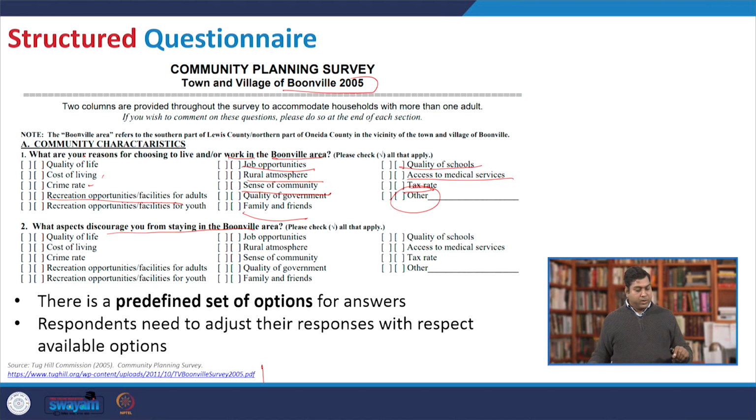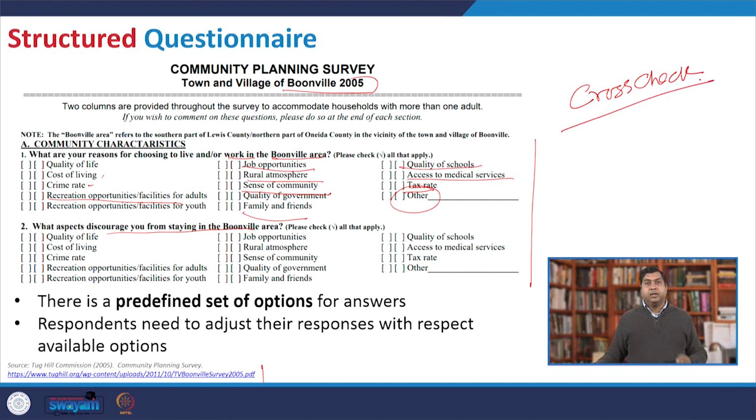If somebody fills in the job opportunity in both cases, as what encourages and what discourages them, there is an indication that the respondent is not really clear about the questions, and probably not serious about taking part in the survey. So this is another important part you need to think about, that there should be some kind of cross check. You ask the question in that way so that there will be some kind of check on consistency.